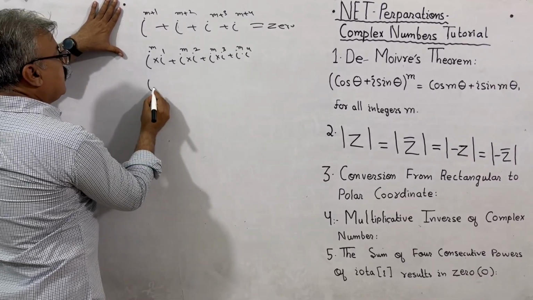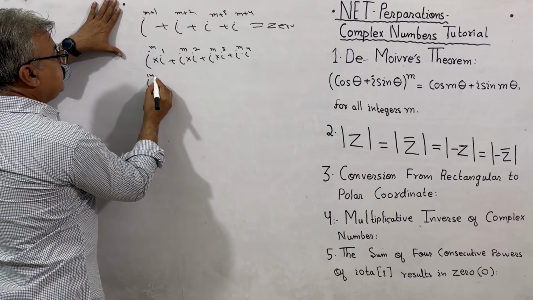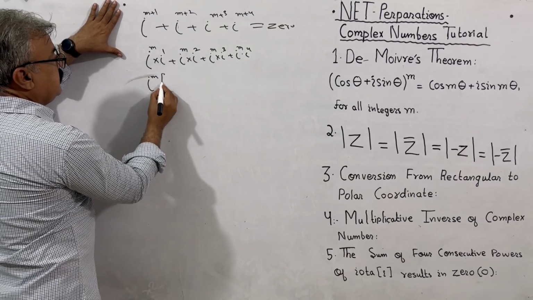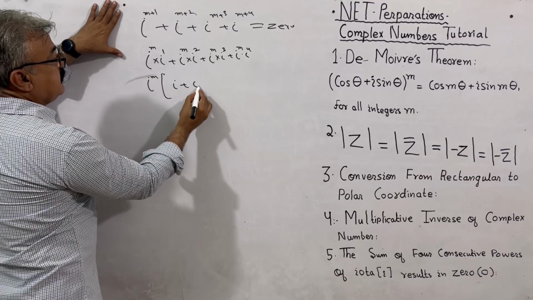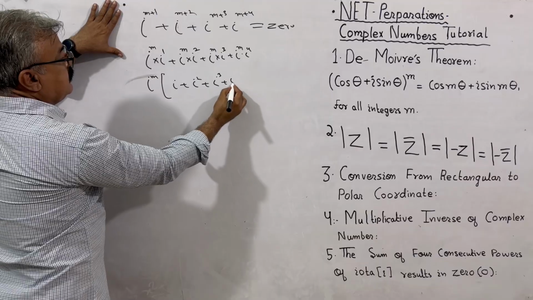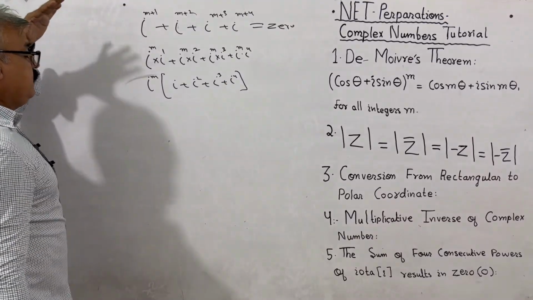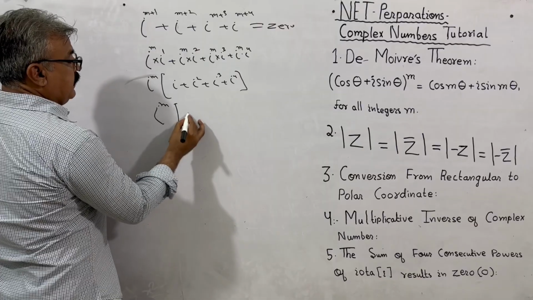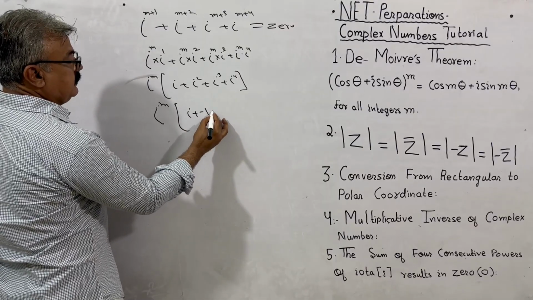Taking iota raised m common, what remains? Iota plus iota square plus iota cube plus iota 4. Wonderful. Let it be iota power m. Iota square is equal to minus 1.